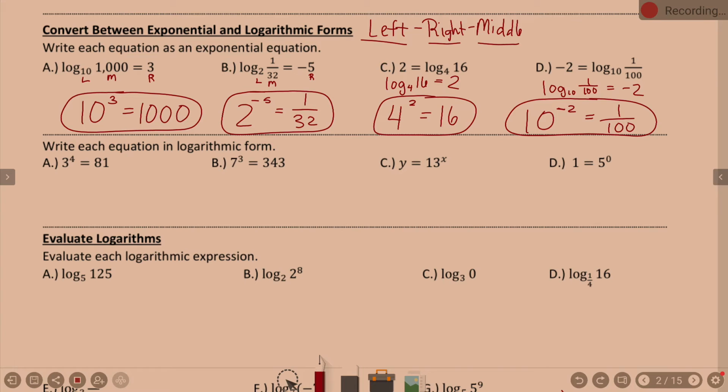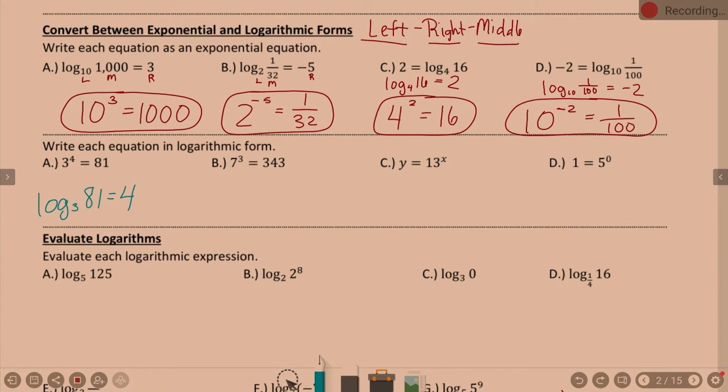Thoughts on 3 to the 4th equals 81? Log base 3, and then 81 equals 4. What do you guys think? Yeah, I think he's right on the money. I agree. Let me write down what he had. Log base 3 of 81 equals 4.